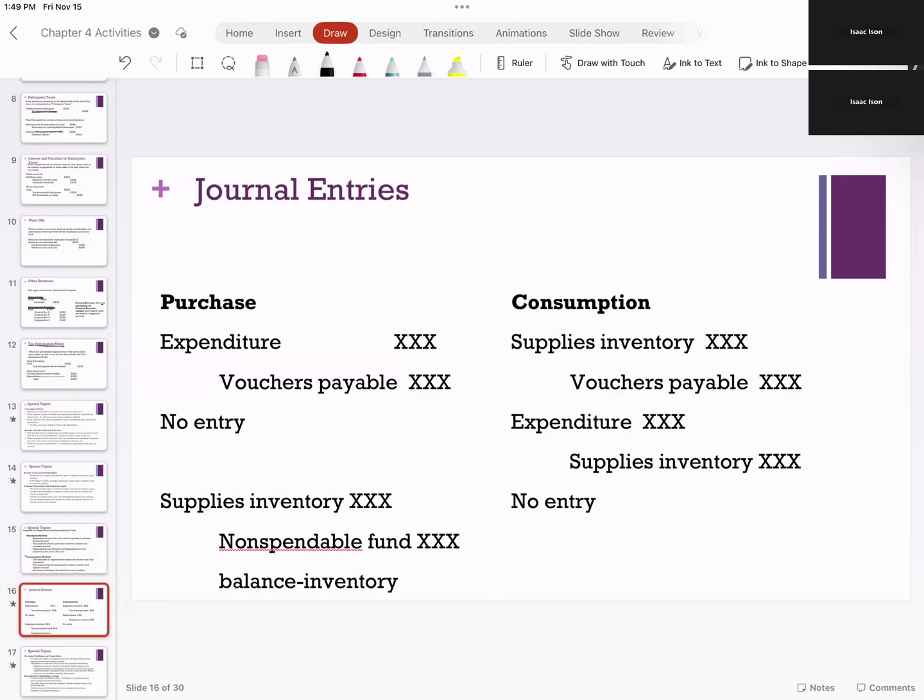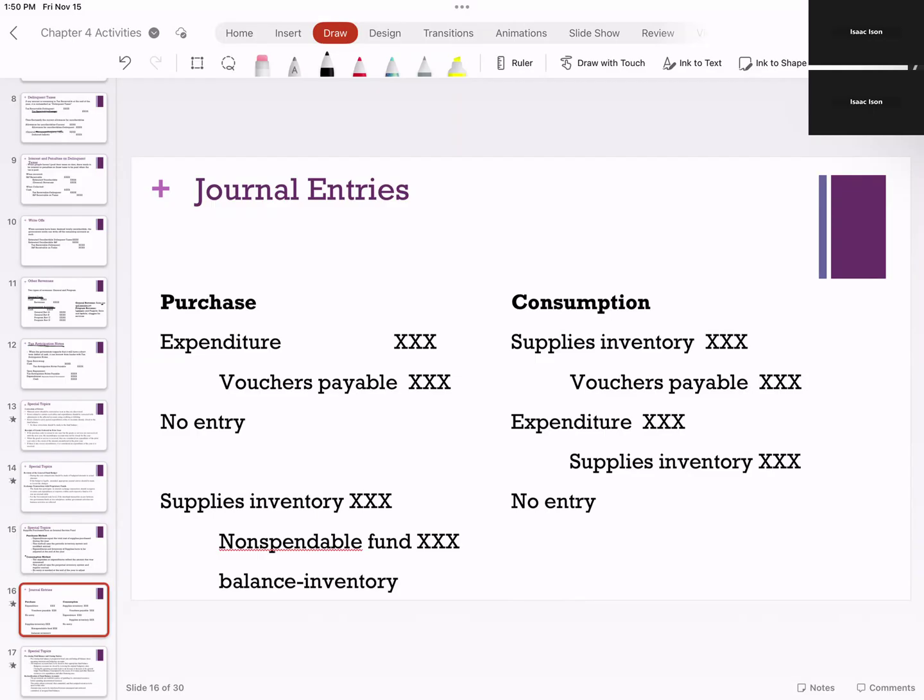Under the purchase method, you record the expenditure right up front when you buy the supplies, even though you haven't used them up, and then either credit vouchers payable or cash. And then when the supplies are used up, there is no entry. But at the end of the period, we count how much supplies are left, and then we increase our supplies account and record a non-spendable fund balance. So we increase our fund balance, but it's non-spendable.